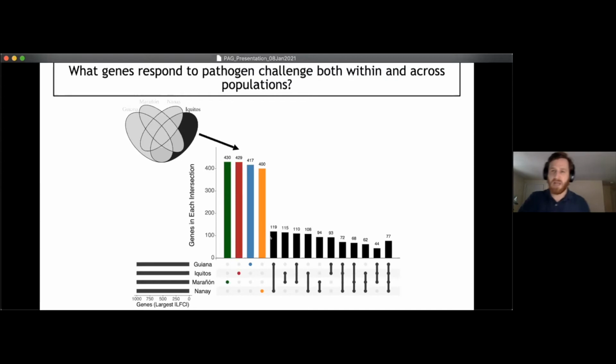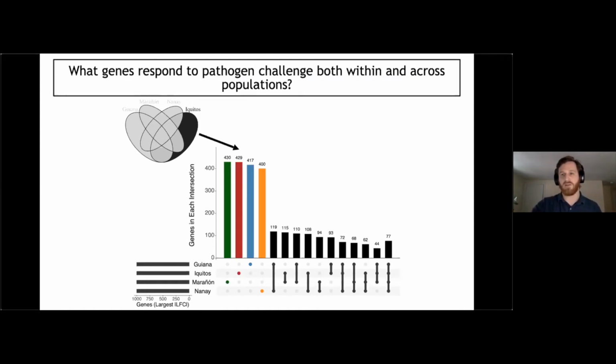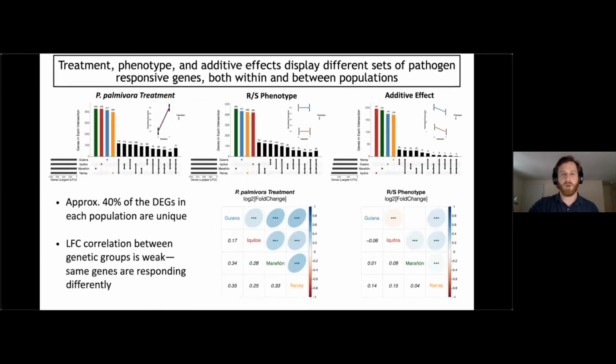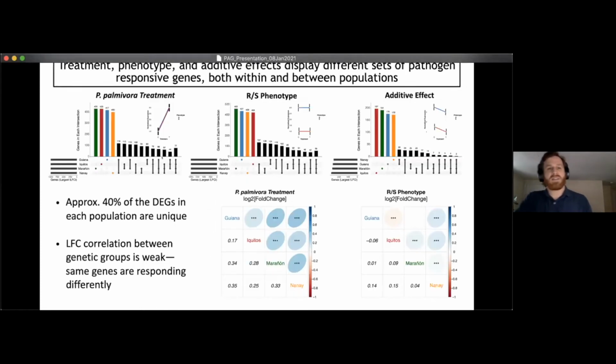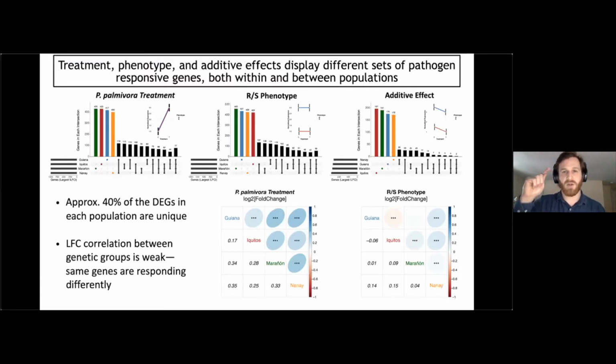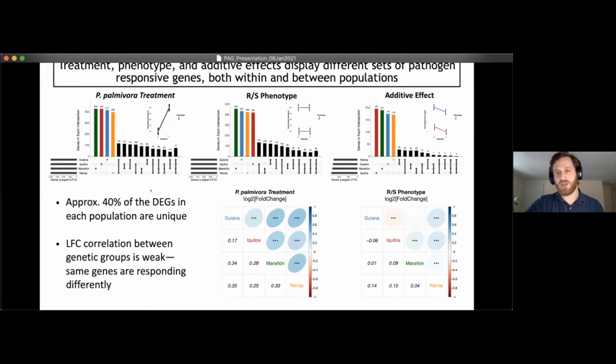And then when we get to black bars, what we see are genes that are shared across genetic groups. So here, 119 genes are shared across Guyana and Nene. And by the time we get to the far right, what we see are genes that are differentially expressed across all four genetic groups. Okay. So what we see when we investigate those three main effects, treatment, phenotype, and additive, is that many of the genes responding in each population are unique.